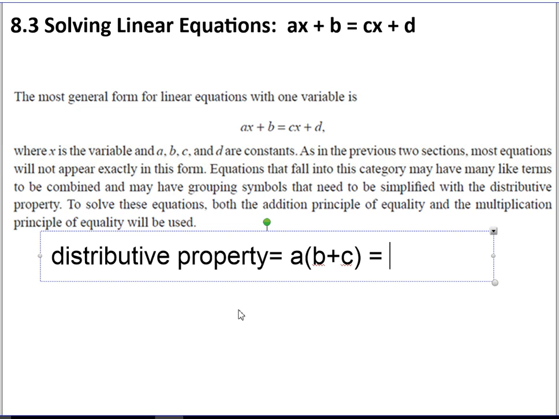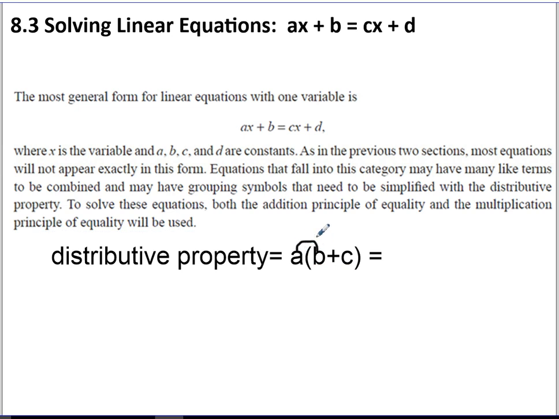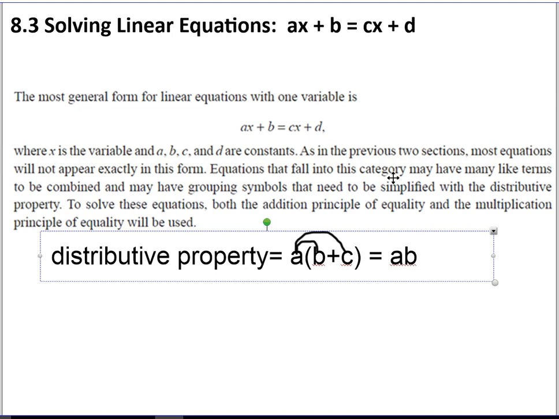But no matter what the A, what the B is, or what the C is, what's on the outside next to parentheses means multiplication, and the A will get distributed or passed out to everything that's inside parentheses. So what we get would be the answer of A times B added to A times C.